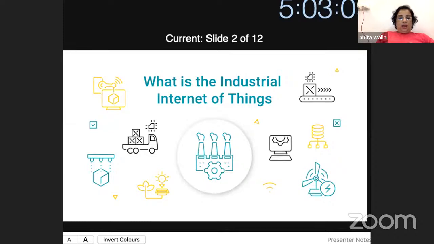So IoT is basically focusing on optimizing operational efficiency, automating the system, or doing predictive maintenance so that the factory keeps on running 24/7, 365 days a year.